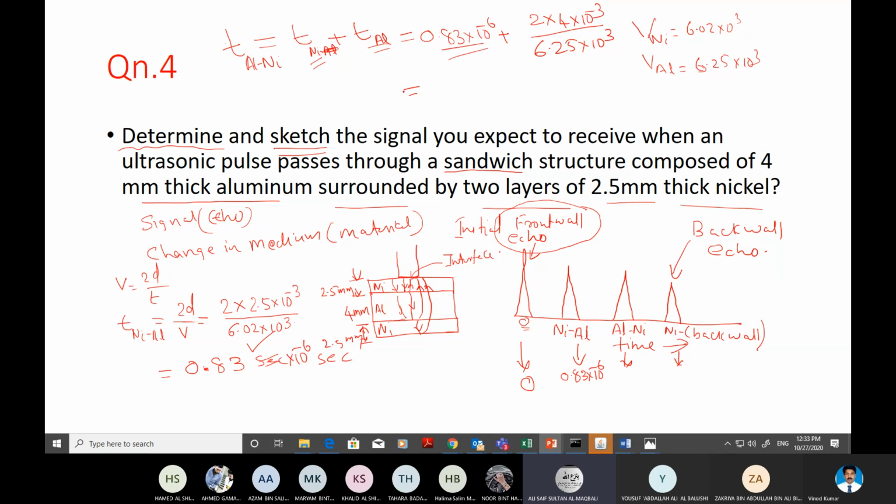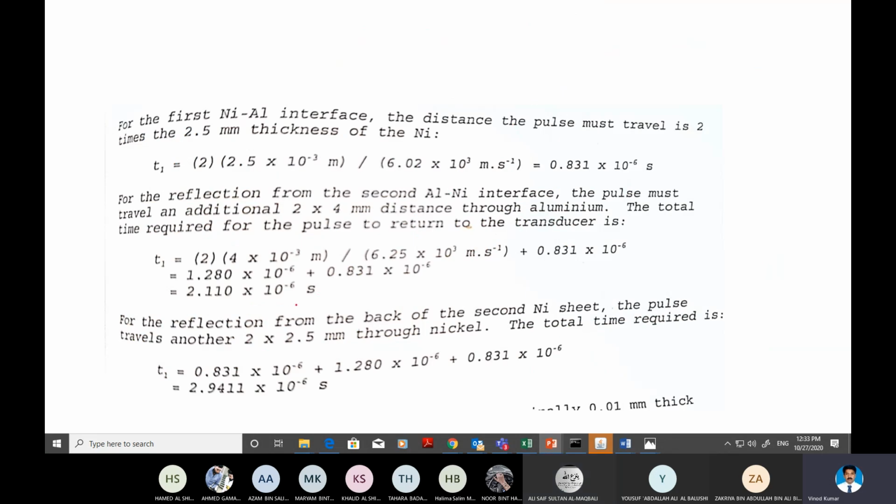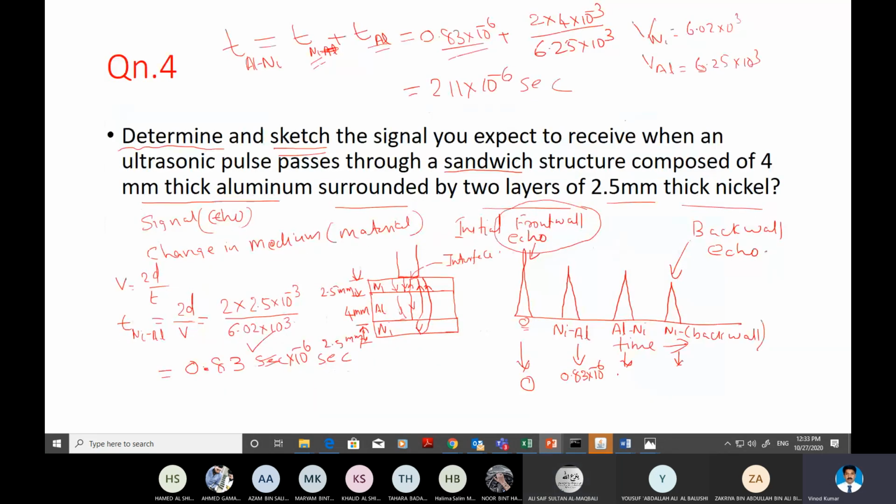The answer is 2.11 times 10 to the power minus 6 seconds, correct? So here I will write 2.11 times 10 to the power minus 6 seconds. Is that clear to all of you?